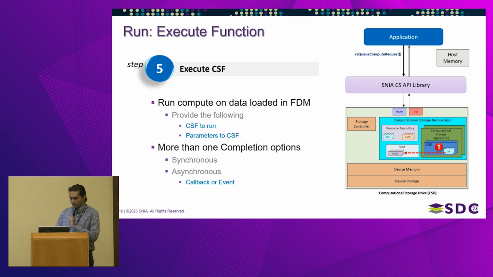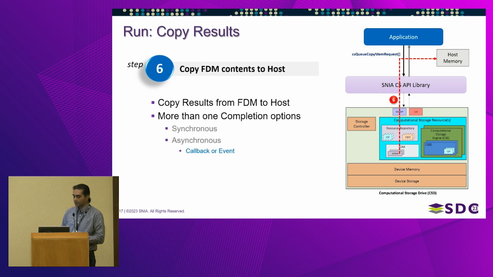Once you have set them up to execute that function, and it completes, the next thing you want to do is copy the results, which are still on the device, back to the host, and this is the DMA operation. For this you have the copy API shown there, queue copy mem request, where you provide your source and destination. Here the source would be FDM, and the destination would be host memory.